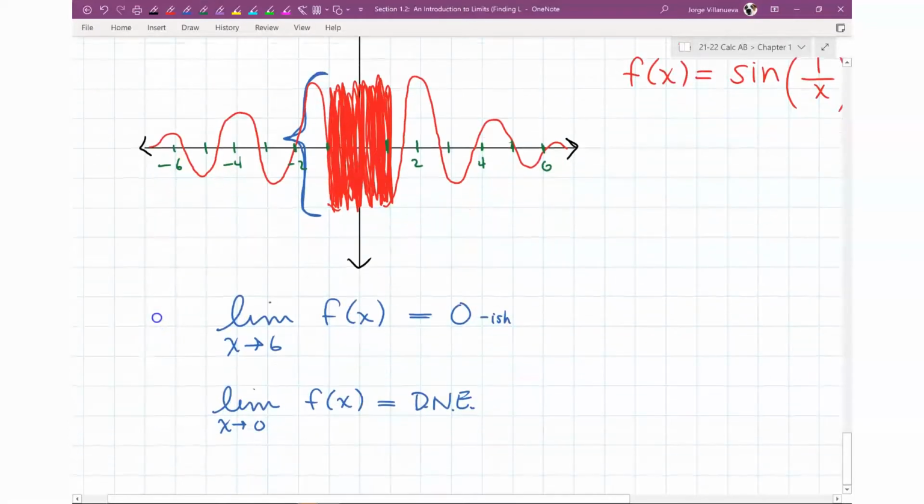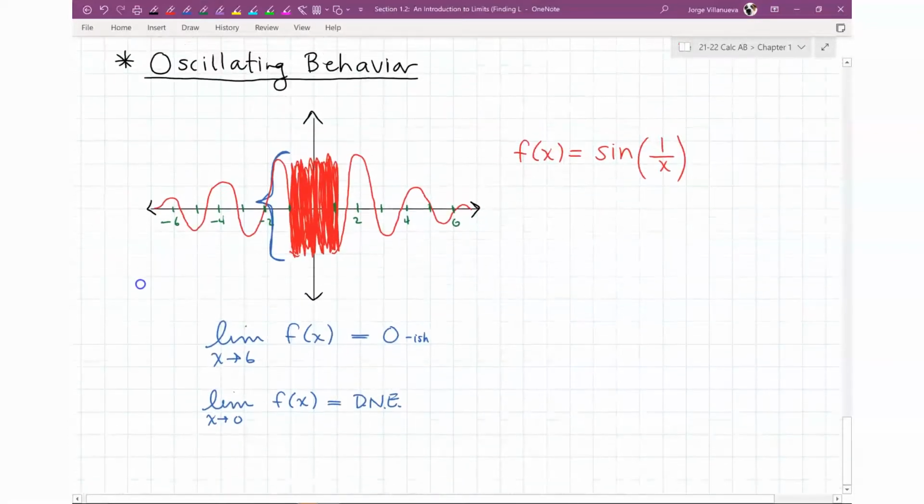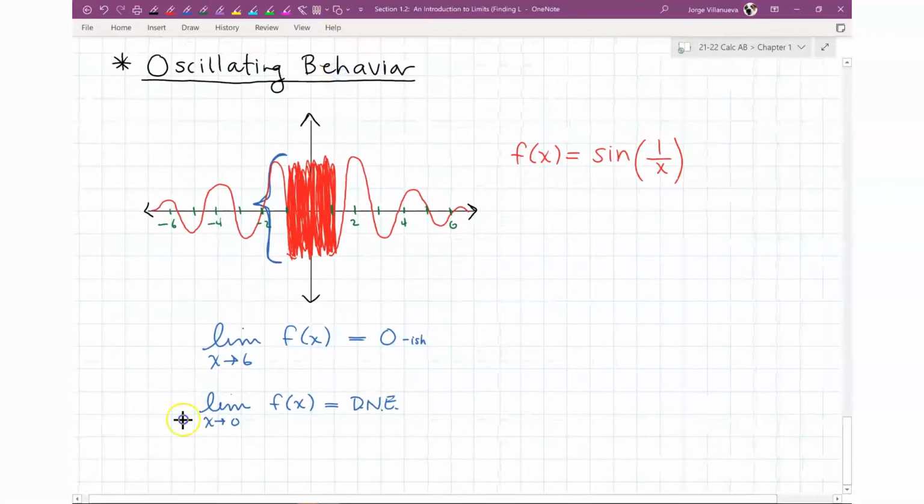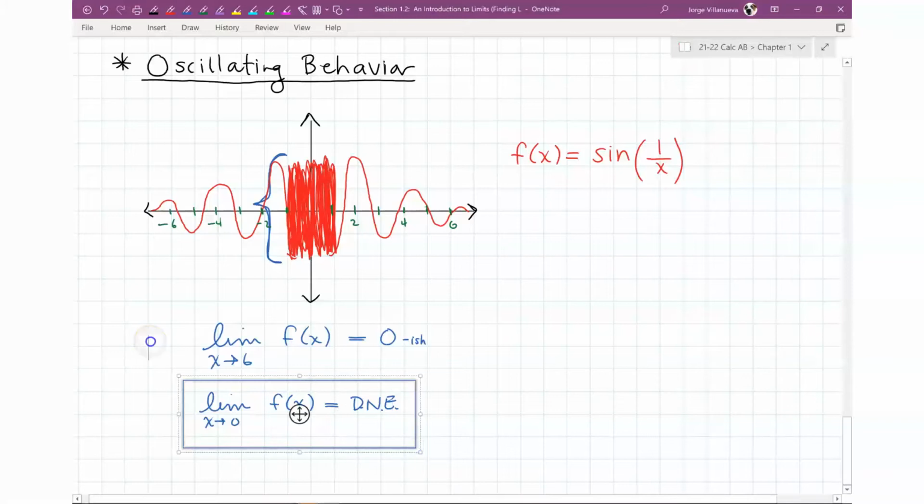Okay? So oscillating behavior of a function may or may not result in a DNE. It just depends on where they're asking you to evaluate it. It doesn't necessarily have to be DNE all the time. If they're asking you what's the limit at -4, you should be able to figure it out, maybe over here, by plugging numbers in, making a chart, or by seeing that it's a perfect graph and you can literally tell where it's at.